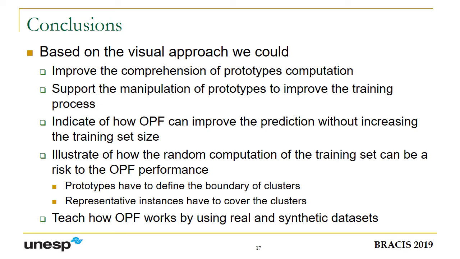That is, if the cluster is well defined and the boundary is well defined, the OPF can get good performance in the classification. And also we illustrate how the random computation of the training set can be a risk to the OPF performance. That is, the prototypes have to define the boundary of the clusters, and a representative instance has to cover all the clusters. To conclude, we think that this is an interesting approach to teach OPF.